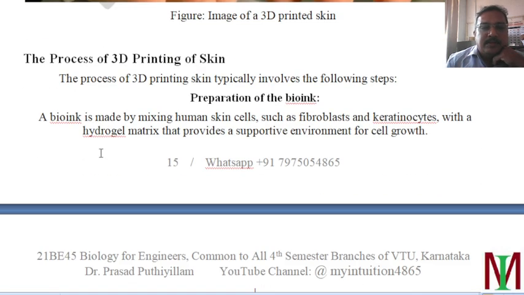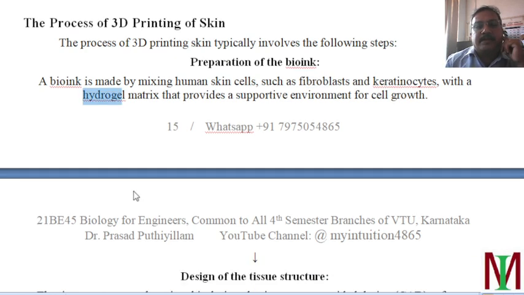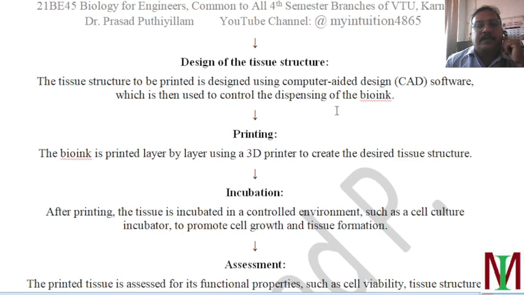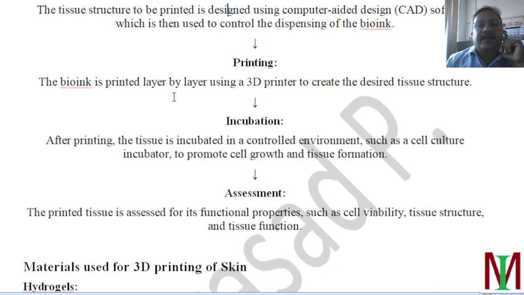The process involves the following steps. Bio ink is prepared. A bio ink is made by mixing human skin cells such as fibroblasts or keratinocytes with a hydrogel matrix. Then using computer CAD software, the design is made and printing is done.